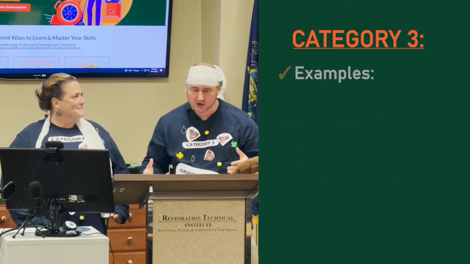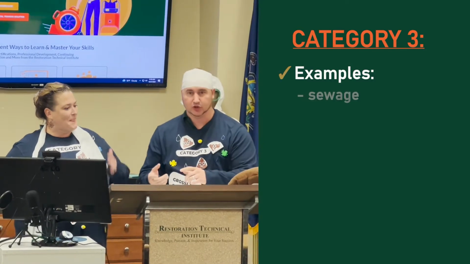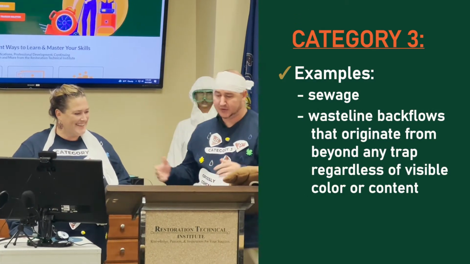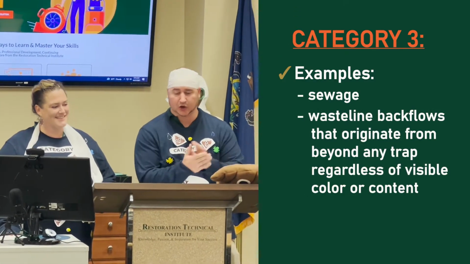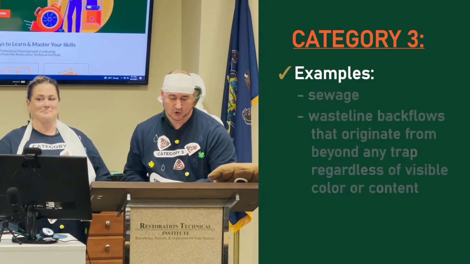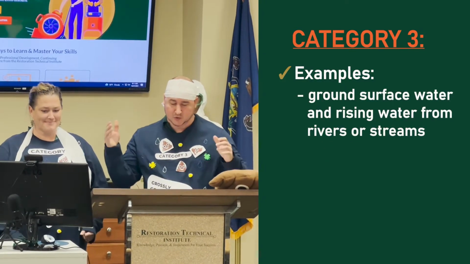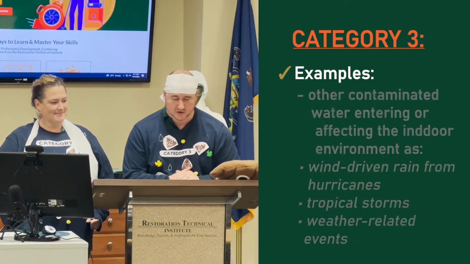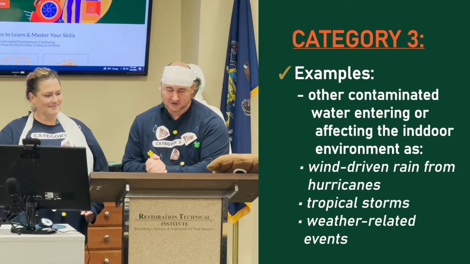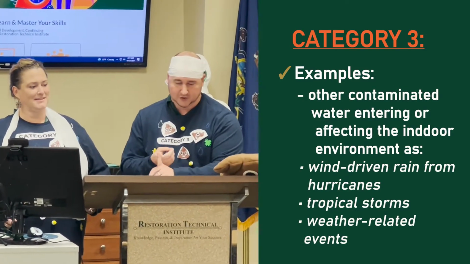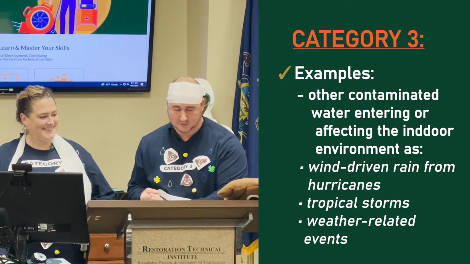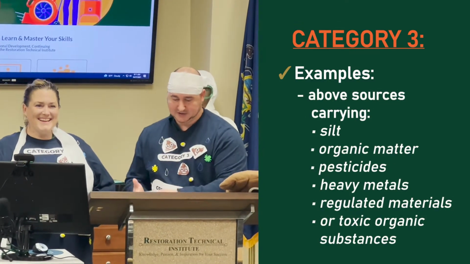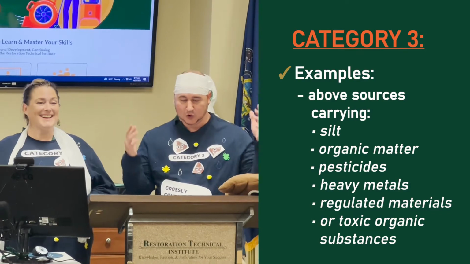Examples of Category 3 water can include, but are not limited to, sewage, waste line backflows that originate from beyond any trap, regardless of visible color or content, groundwater, ground surface water, and rising water from rivers or streams, all forms of flooding from seawater, other contaminants, water entering or affecting the indoor environment as wind-driven rain from hurricanes, tropical storms, weather-related events, and above sources containing silt, organic material, pesticides, heavy metals, regulated materials, and toxic organic substances.